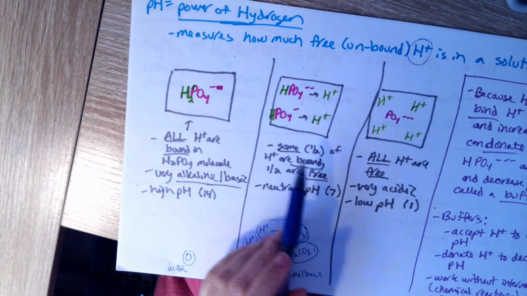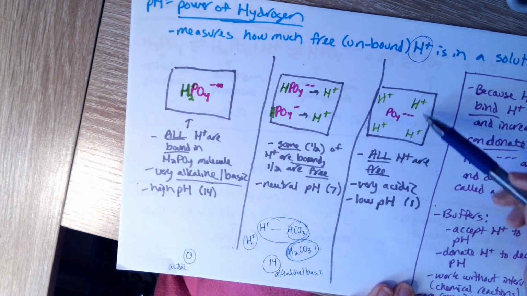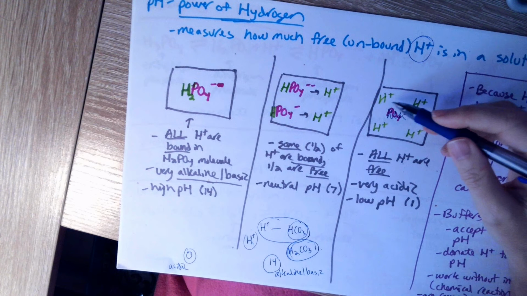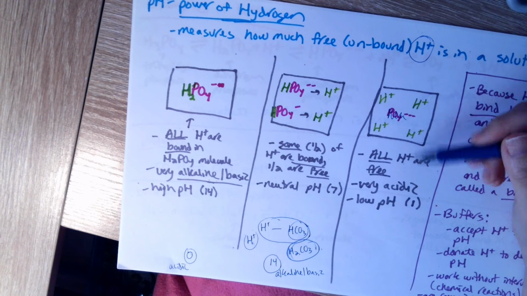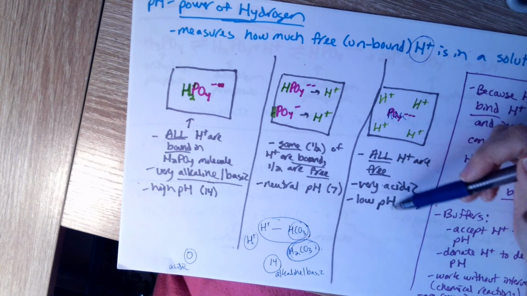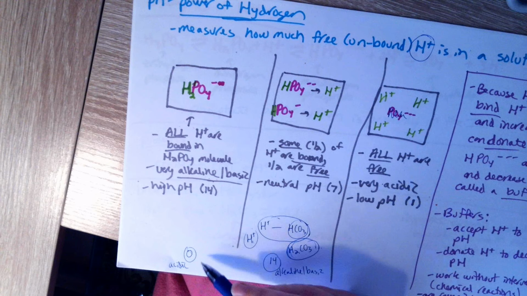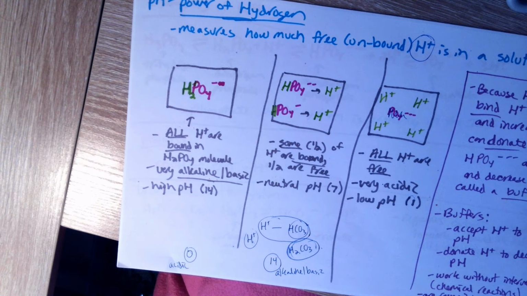Over here, the other extreme, lots of free hydrogens. Let's just make none of them bound up. So there's just free hydrogens all the way around. That would be the very acidic situation, a very low pH of 0 or 1. Usually you don't see a pH all the way to 0, more like 1. Would be a very, very low pH.